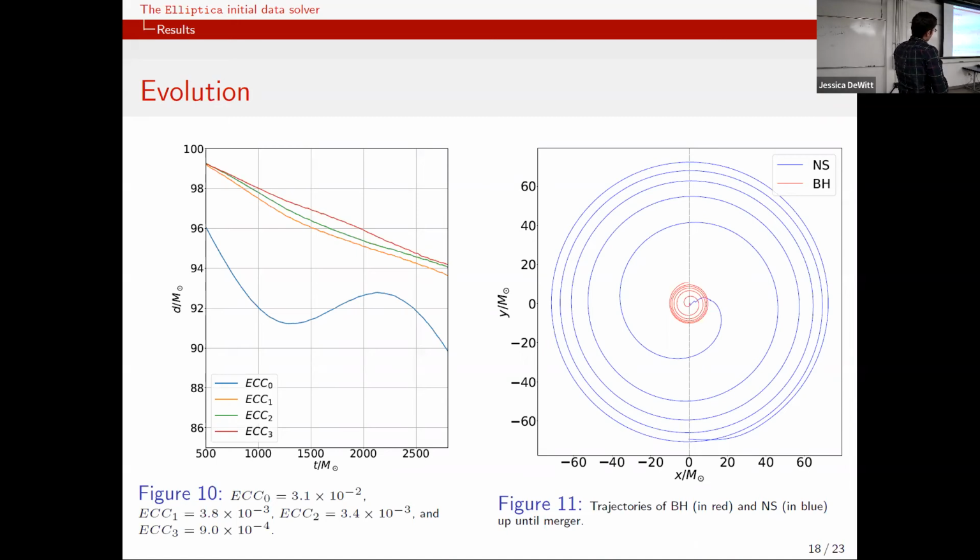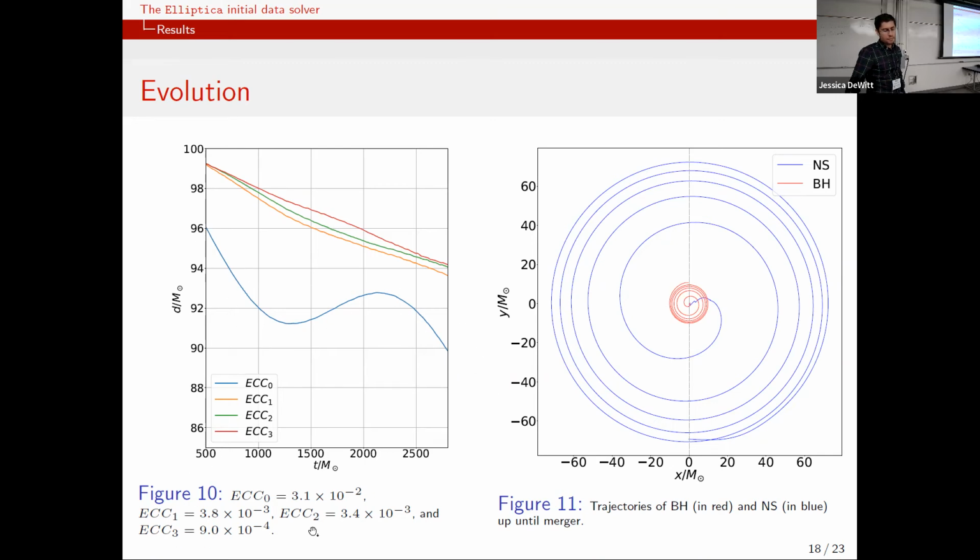The way that we do this, we adjust omega and the radial velocity to drive the eccentricity of the system to an acceptable value. For example, here I'm showing the eccentricity that we have right off the bat when we construct data with the approximation taking place there. This is the blue curve here.